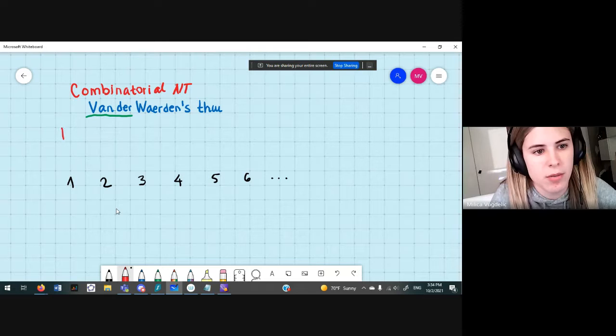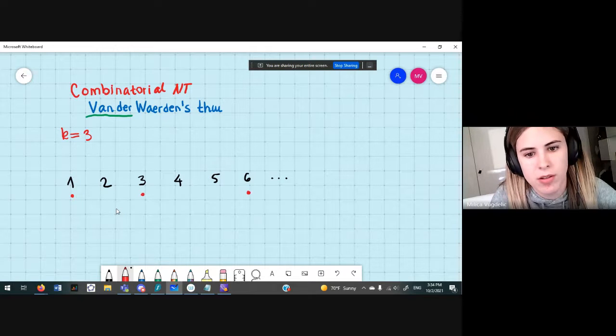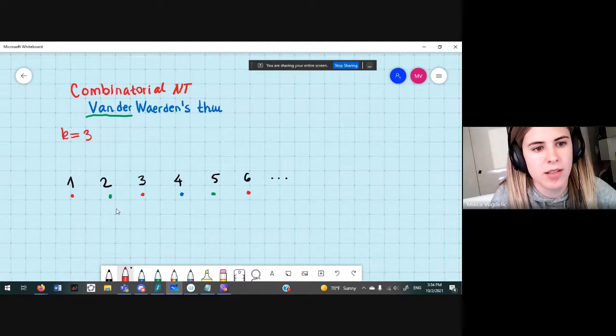Let's say we assign them 3 colors and color them somehow. And this theorem tells us that in this case we have a 3-term arithmetic progression.